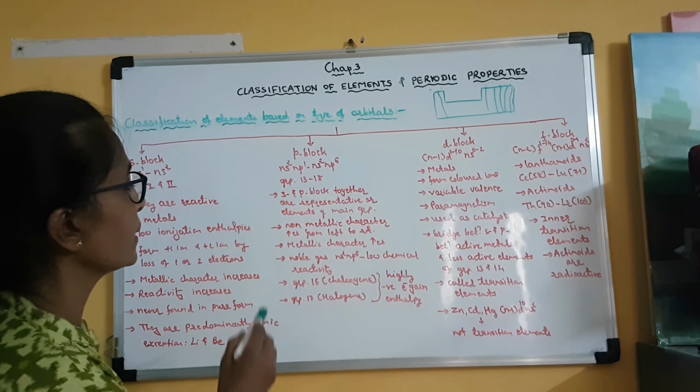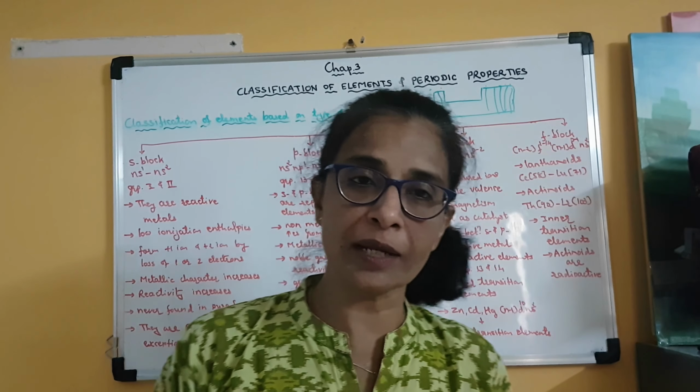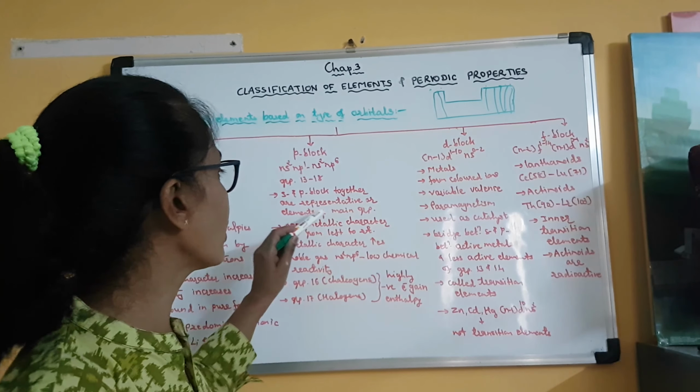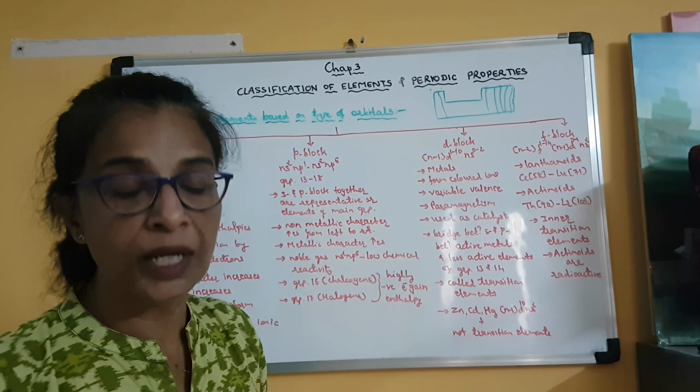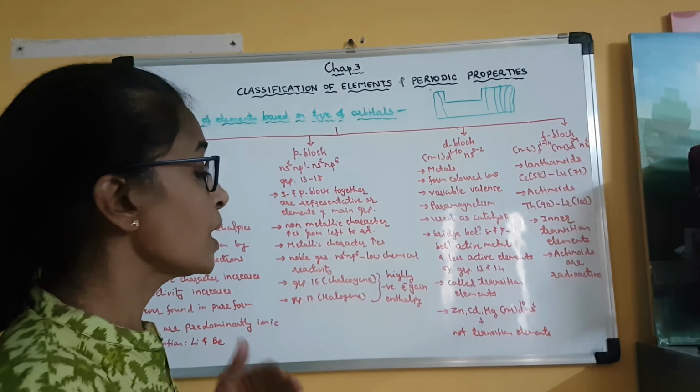Here the one important thing is s and p block elements together are known as representative elements, or they are called elements of main group. Now for this purpose we always consider the elements of the second period. In first period, we know there are two elements, hydrogen and helium. So it is a very small period.